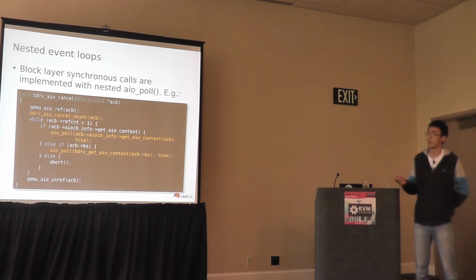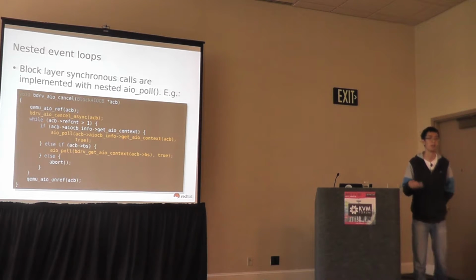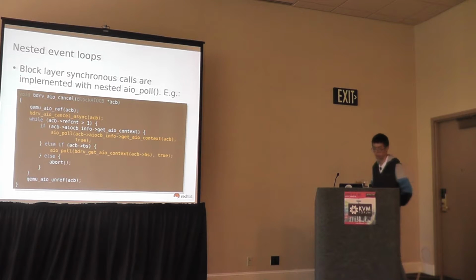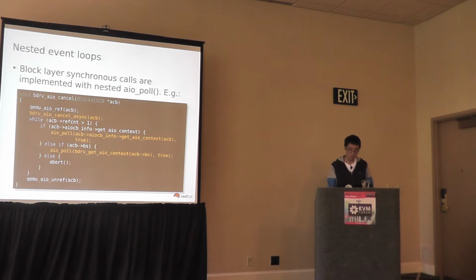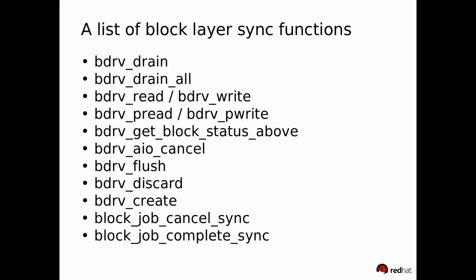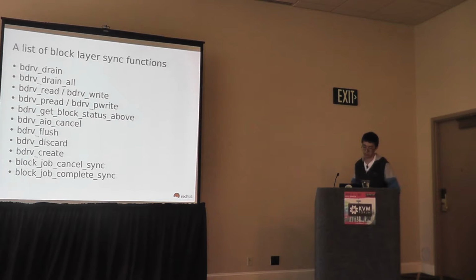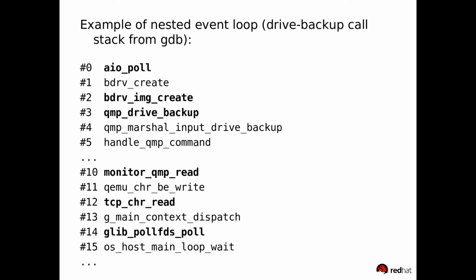The nested event loop would listen for the completion or the cancellation to succeed. Other than cancel, there are a bunch of other examples of where nested event loops are used. Basically, all these interfaces are synchronous, but that hurts.